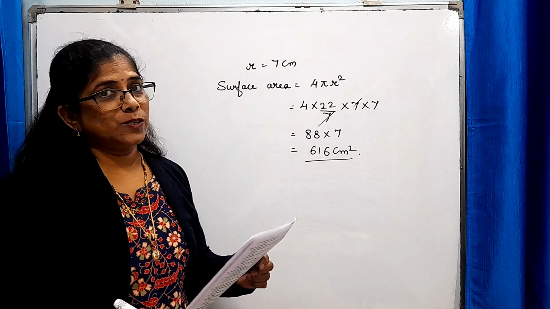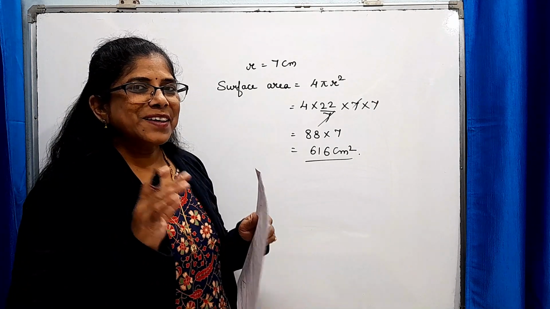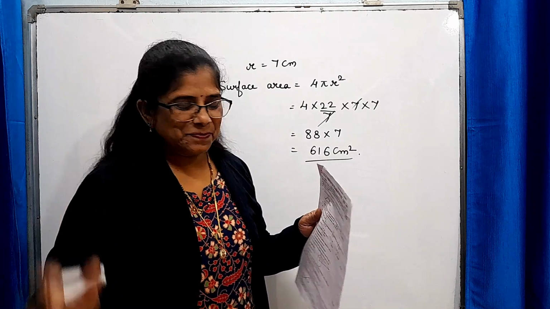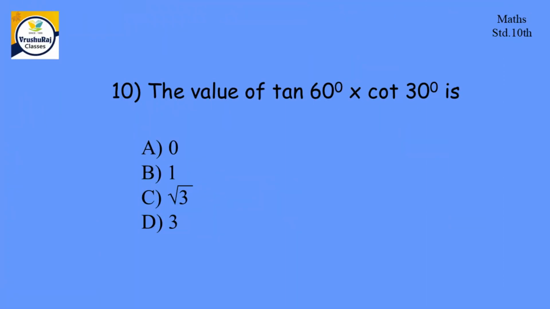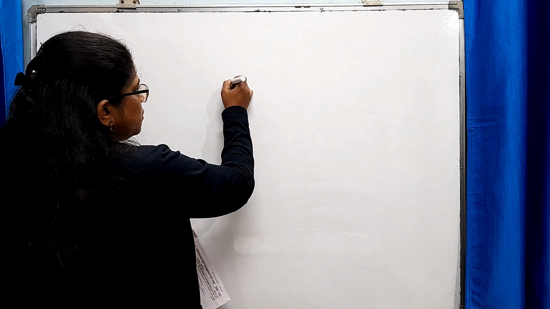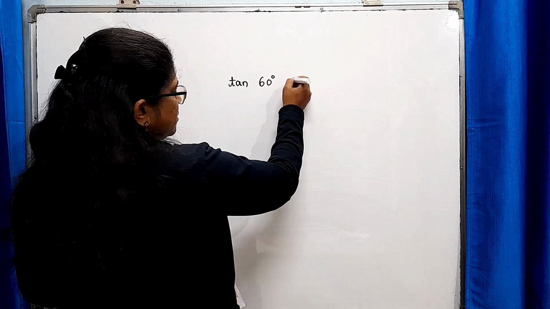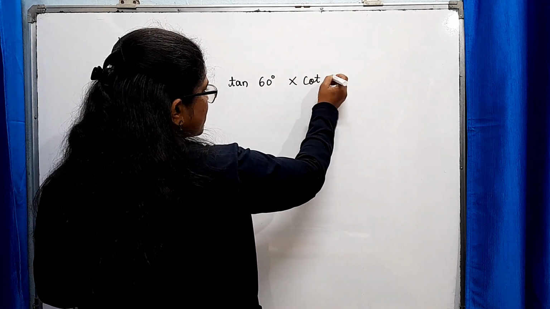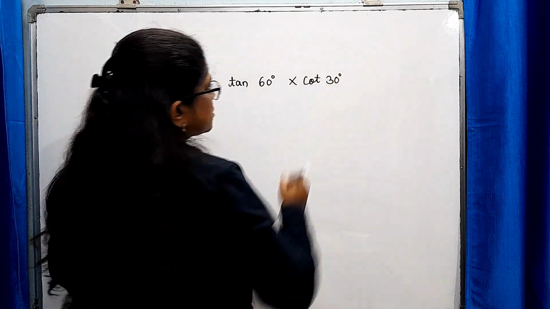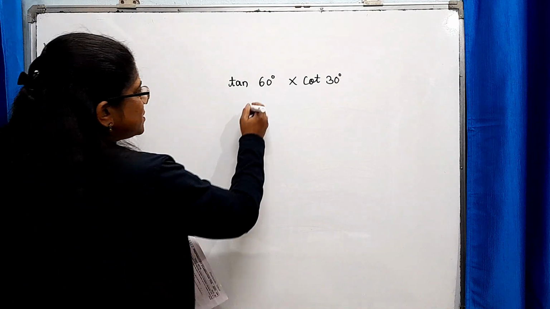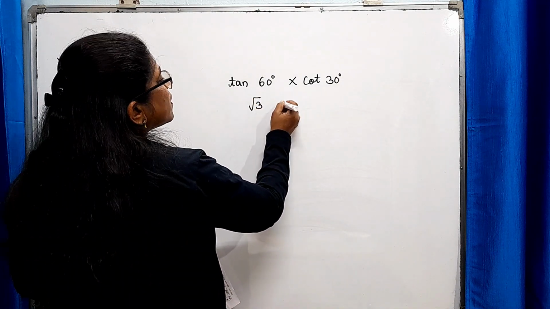Now the last question of this video and then one important tip. Now here the question is, find the value of tan 60 into cot 30. Tan 60 is root 3 into cot 30.